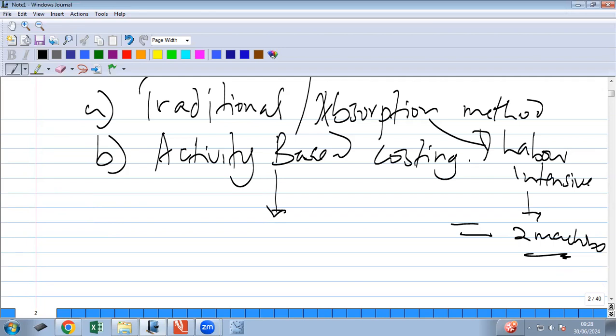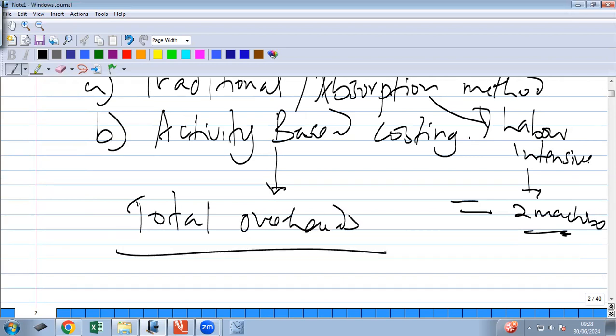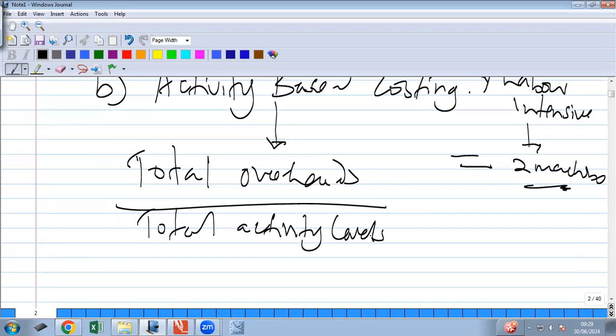Here in the traditional absorption costing method, what we mean is you just get your total overheads and divide by the total activity levels. I can give you some examples.